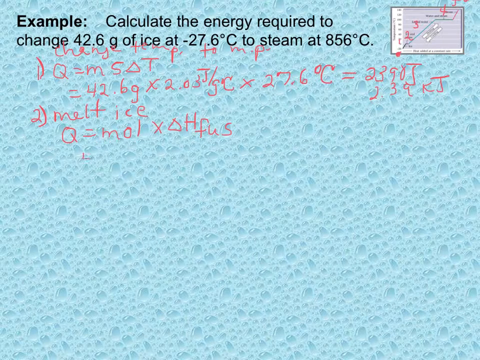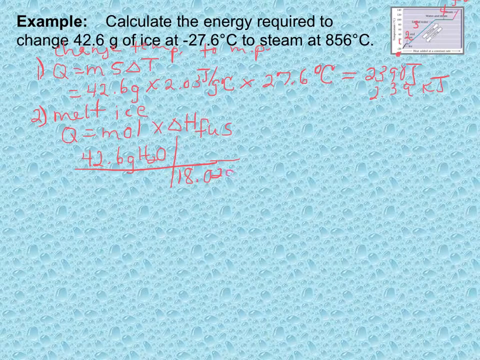So we're going to take the 42.6 grams of water, ice actually, but the formula is H2O. The molar mass of water is 18.02 grams per mole. And then for every 1 mole, the molar heat of fusion is 6.02 kilojoules.